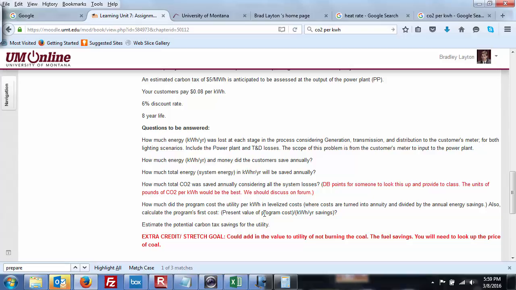Okay, now the utility is going to make less money because the consumers did not purchase as much electricity. Right.